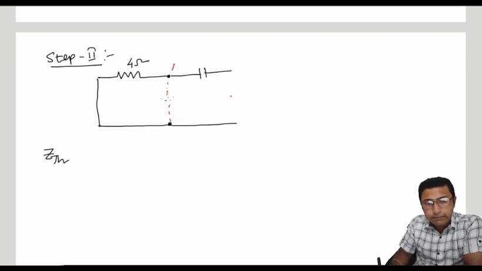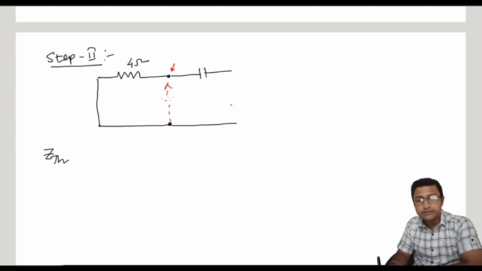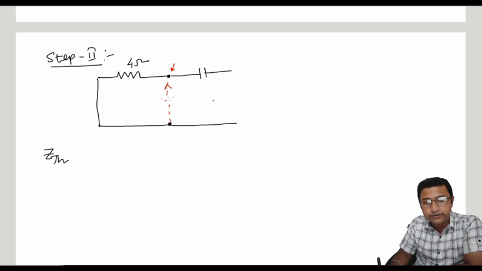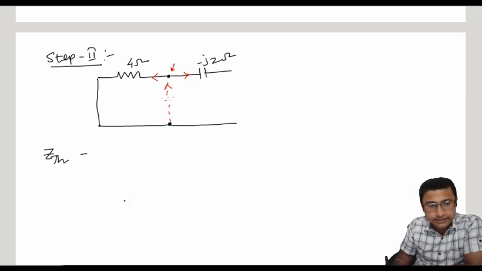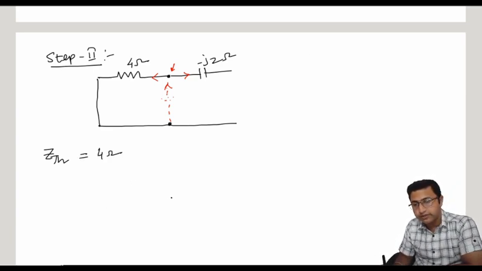From this node, it could divide across the 4 ohm resistance and the capacitance minus j2 ohm. But as this side is open circuited, no current flows through the capacitance. The entire current flows through the 4 ohm resistance. So only the 4 ohm resistance is present, and the j2 ohm capacitance is irrelevant. So your ZTH is only 4 ohm here.